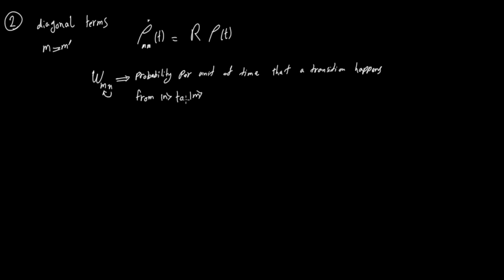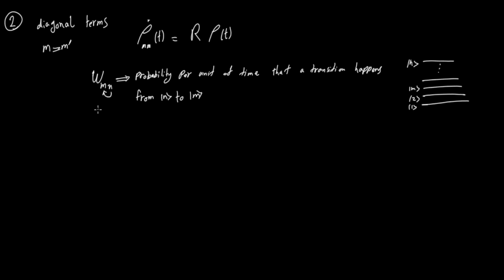And if you're still wondering what n and m are, they are just the energy levels of our system. So it could be 1, 2, and somewhere between them n. Okay.